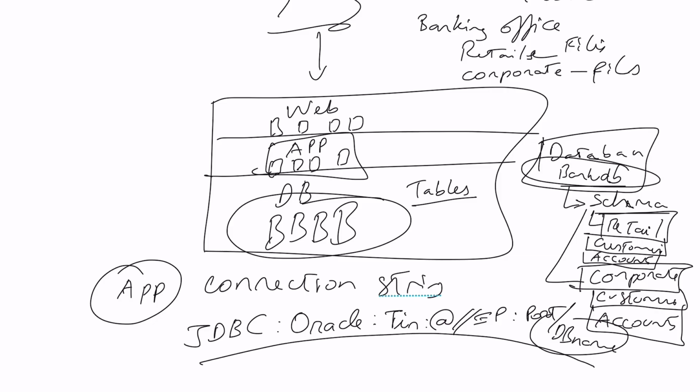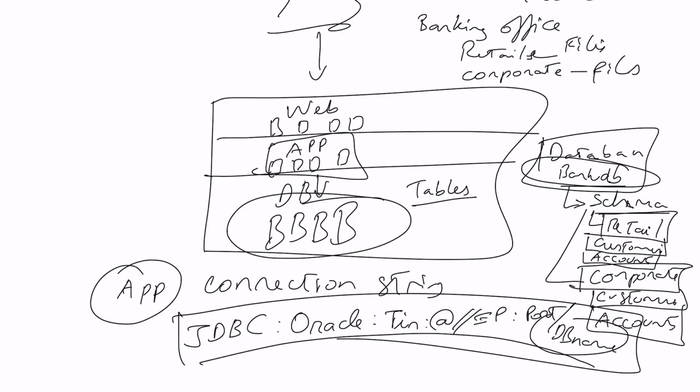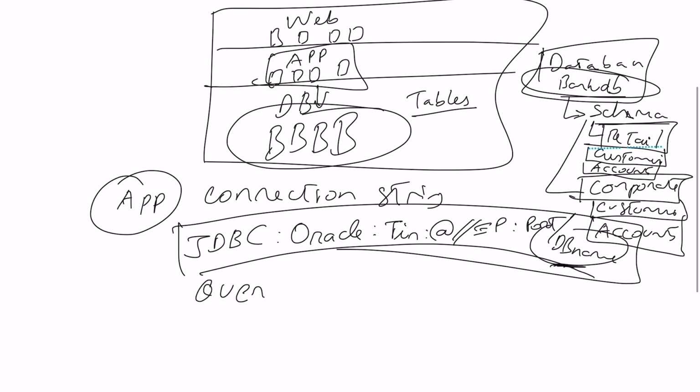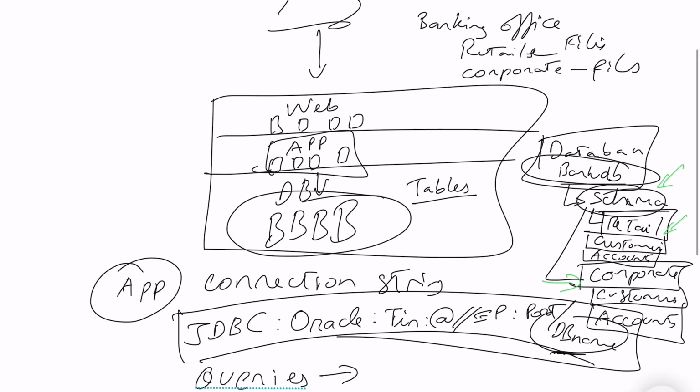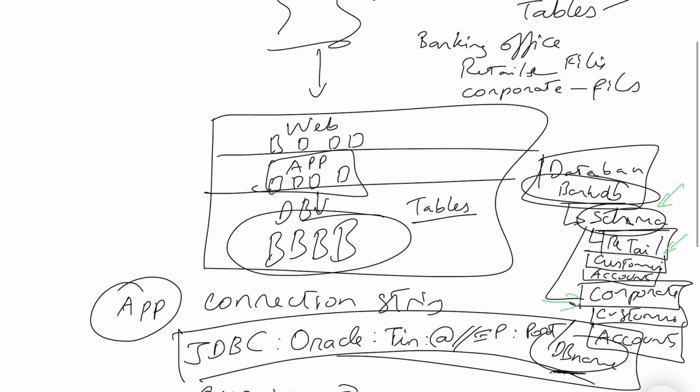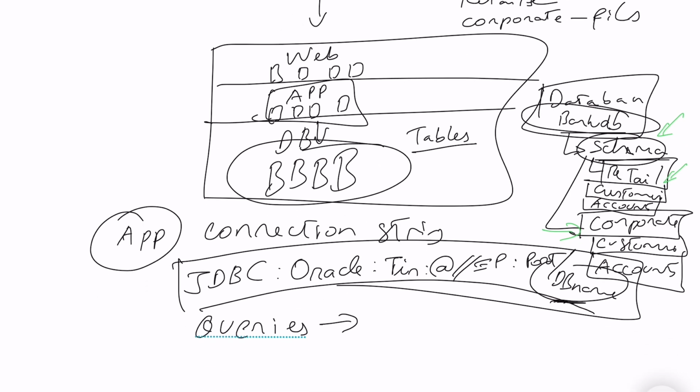This is a connection string which you have to enter. That means this app connects to the DB using a connection string which you have to remember. Once you connect to this database from the app, then in the queries you enter, the schema name and table names will come. This is the basic understanding of a database. I hope it is clear till now.